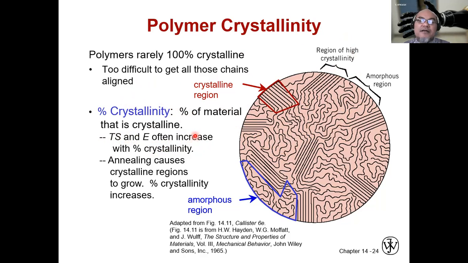This is easily understandable, because with a higher percentage of crystallinity, you have a long range order, and then it is more difficult to break, to bend, and also to stretch. The tensile strength and Young's modulus increase. By using annealing or thermal treatment, heat treatment, it can cause the crystalline regions to grow. Therefore, the percent crystallinity will increase.